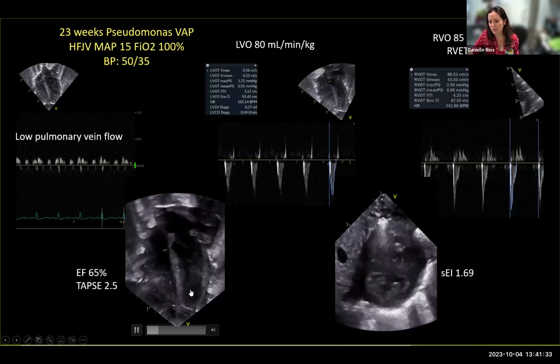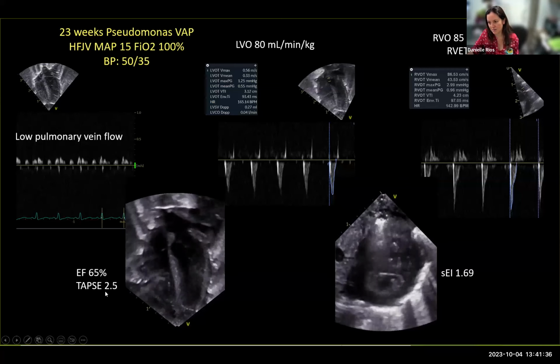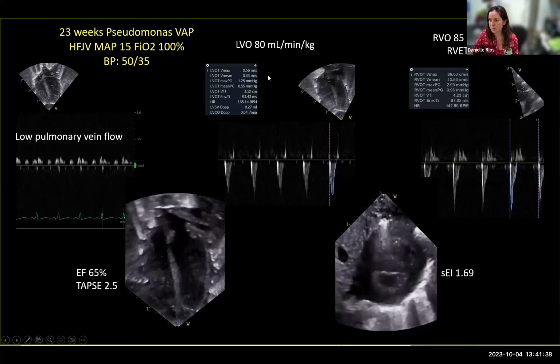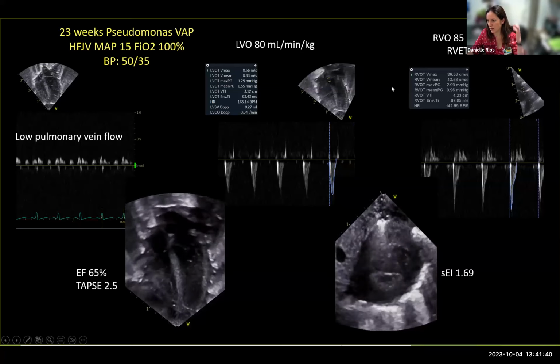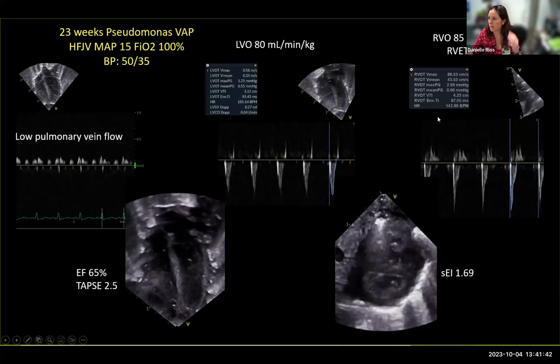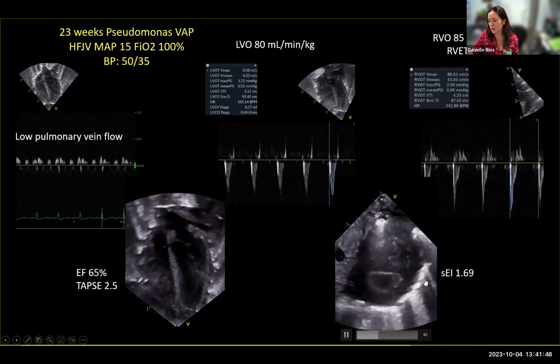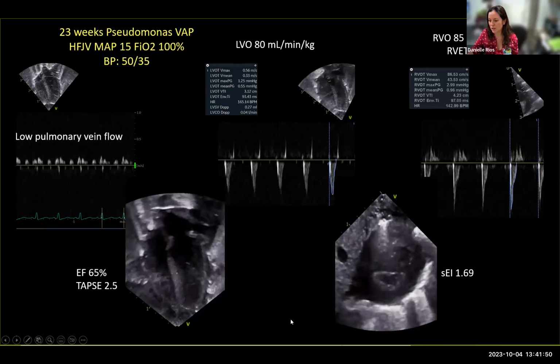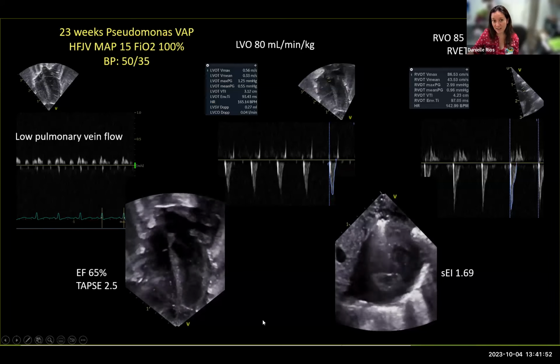Your EF is okay, but your TAPSE is not. It's pretty low. Your LVO is low. Your RVO is low. Your RVET to PAT is elevated, and then your eccentricity index is elevated as well. So just take a second. Do we think this baby has increased pulmonary vascular resistance or not?